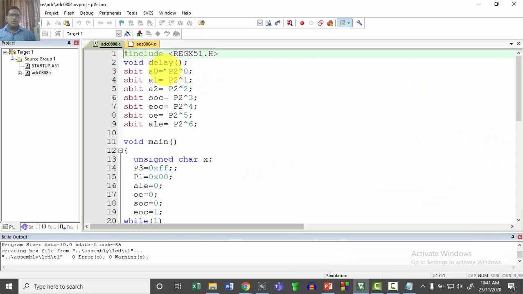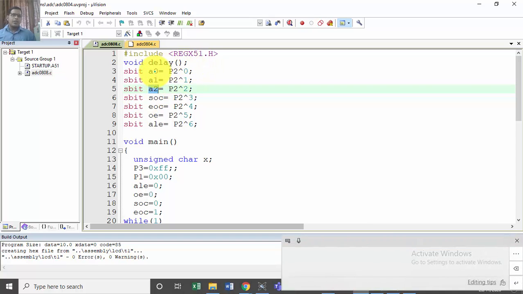Consider this program. As said, A0 represents address line A, A1 address line B, and A2 address line C. These address lines of the 0808 are connected to P2.0, P2.1 and P2.2. Start of conversion is connected to P2.3, end of conversion to P2.4, output enable to P2.5, and at last ALE to P2.6.